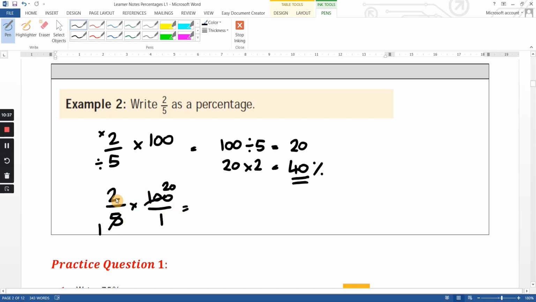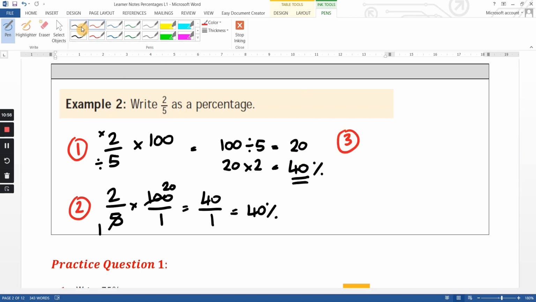You just multiply across. 2 times 20 is 40, 1 times 1 is 1. So that's 40%. That's another way. Let me number these. That's one method, that's the second method. Let me do one more way.